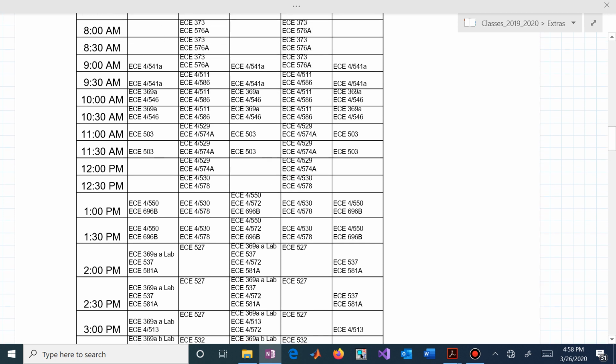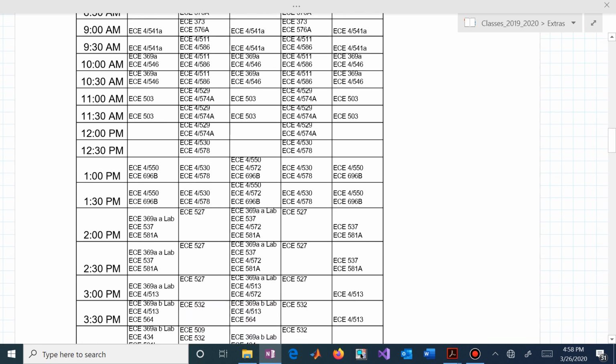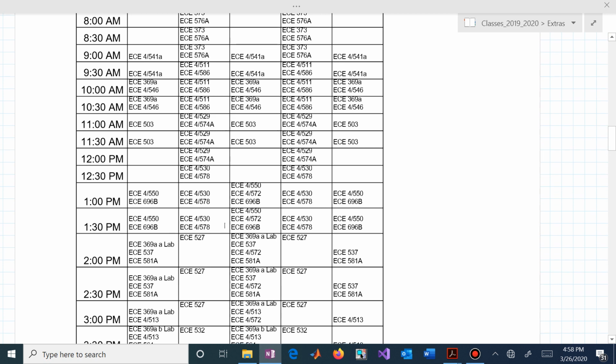That goes all the way up to 630 in the fall semester. So you might look at this and say, oh, I want to take 441A. Again, that's one of the classes that's offered in the summer, but it's also offered again in the fall. And now you could take that class, you could take maybe the computer networking class, and now you're starting to see how your week is going to be blocked out.